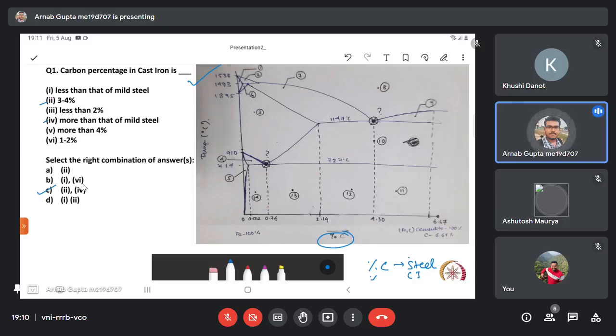Yeah. So let us revisit this iron carbon diagram. I have designated these numerics here, 1, 2, 3, 4, like that. You have to identify the phases that are being shown by these numbers. So what does this phase 1 indicate here?